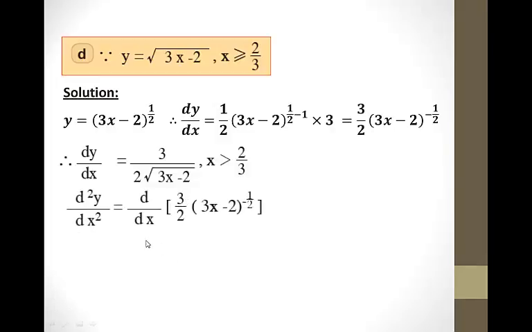We make the second derivative, d2y by dx squared equals d by dx of 3 over 2 times 3x minus 2 all power half.